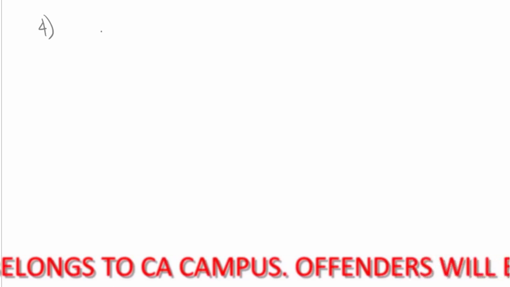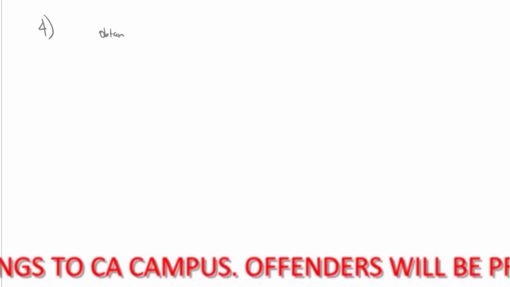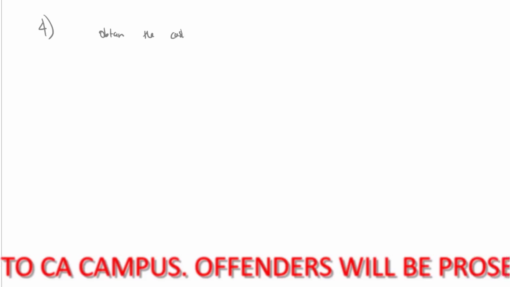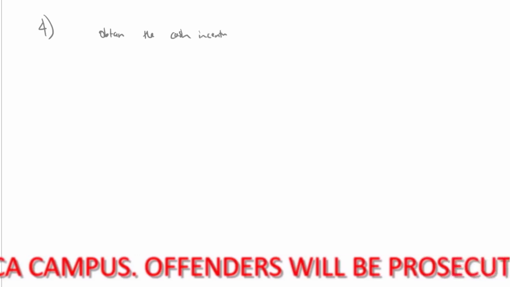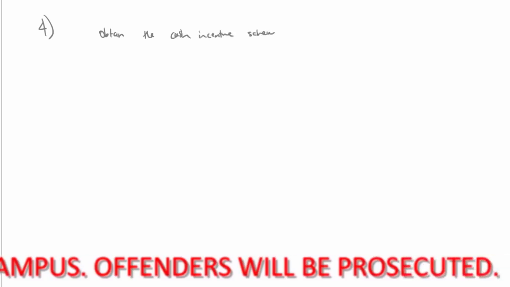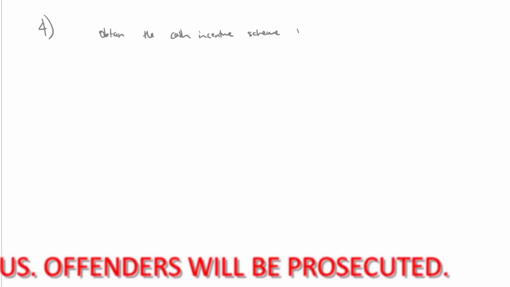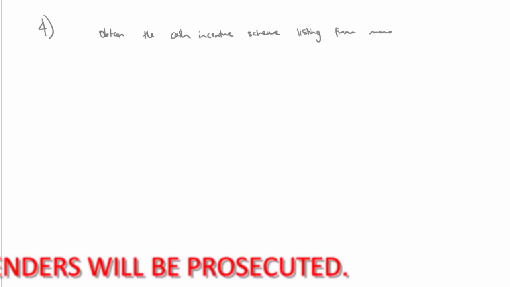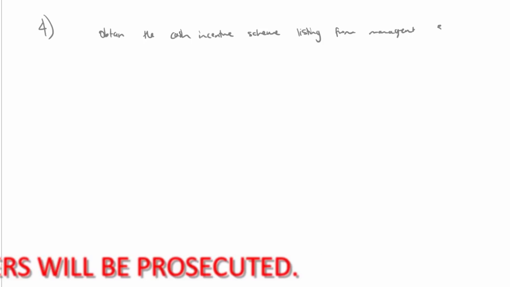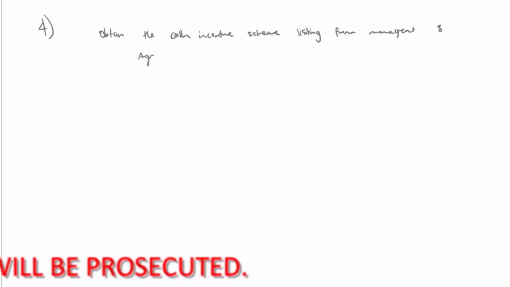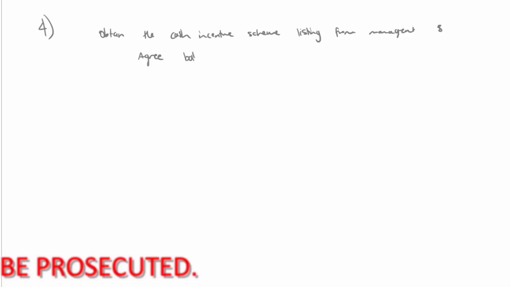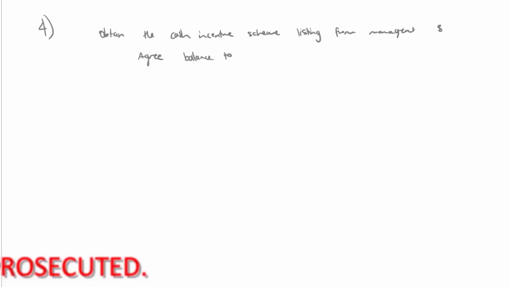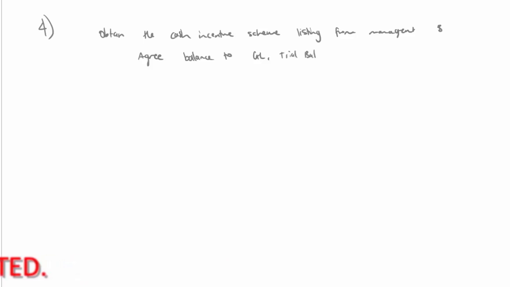So I'm going to obtain the cash incentive scheme listing from management, and I'm going to agree balance to the general ledger trial balance and the financial statements.